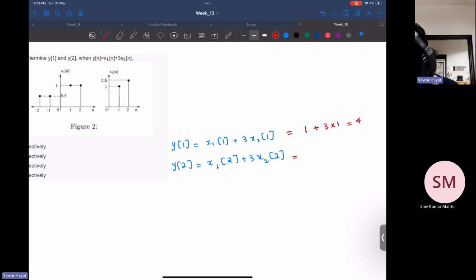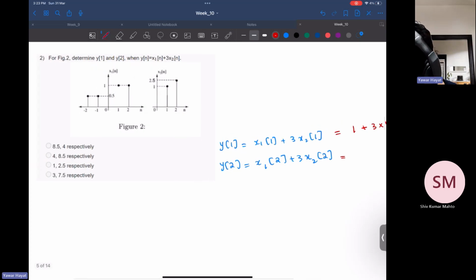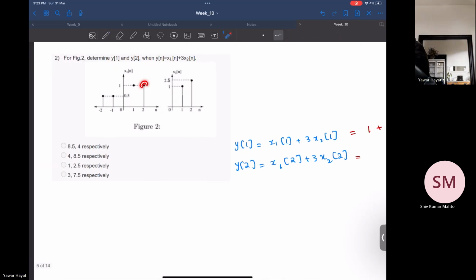The y of 2 would be x1 of 2. What is x1 of 2? This, corresponding to the x1. And what is x2 of 2? The corresponding value is 2.5.